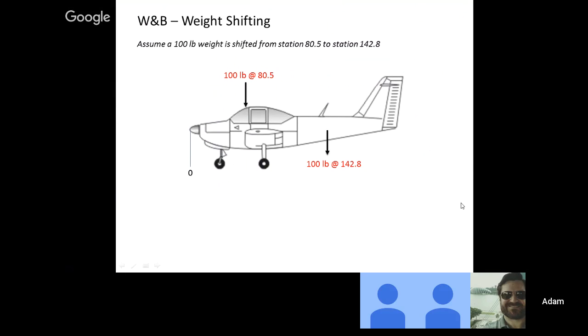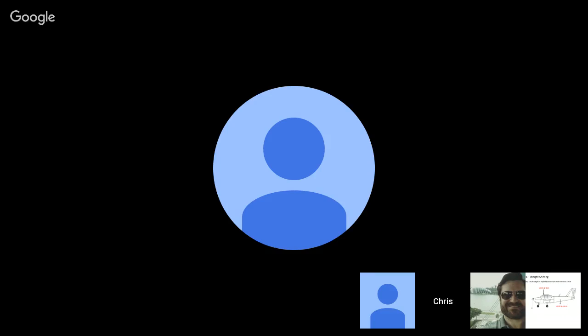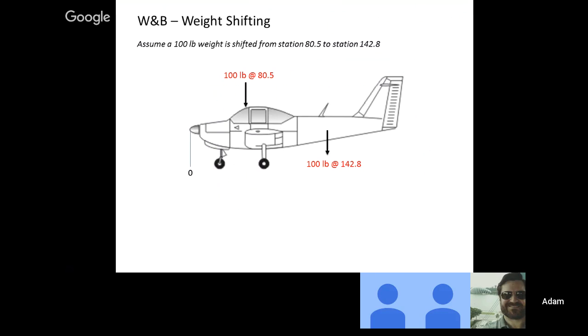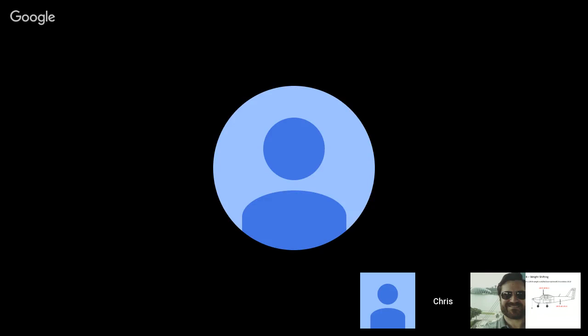Like I mentioned before, the examiner or the written test, they're going to test your knowledge on weight and balance, both from a fulcrum or seesaw perspective, and from a real airplane application perspective.